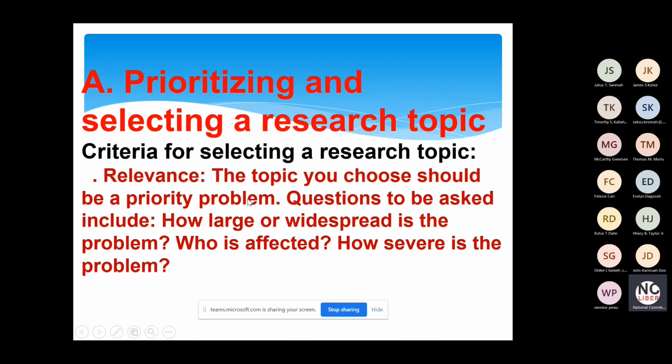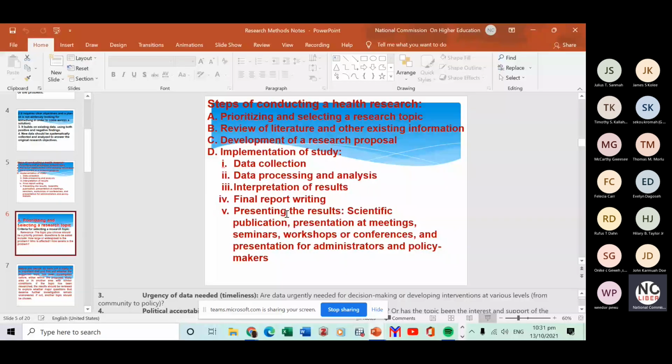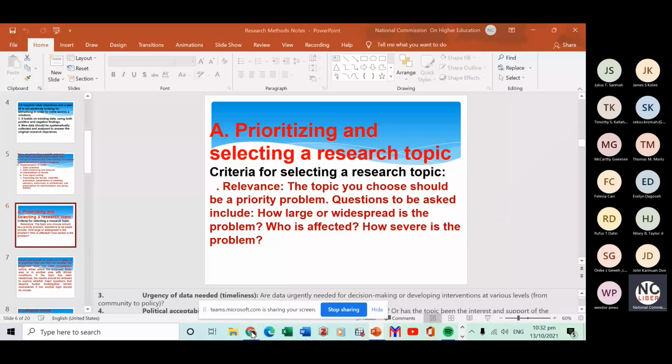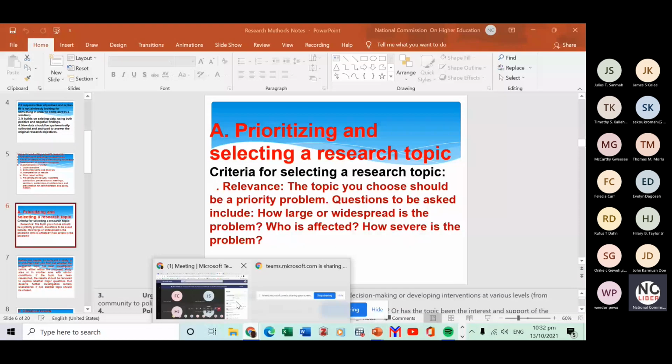We'll talk about prioritizing and selecting the topic. Key is that the topic must be relevant. The topic that you want to use has to be a topic of relevance. And when you are trying to select a topic, there may be a few questions that you want to ask yourself.